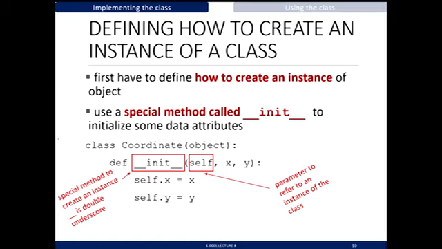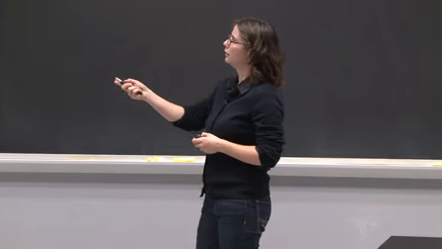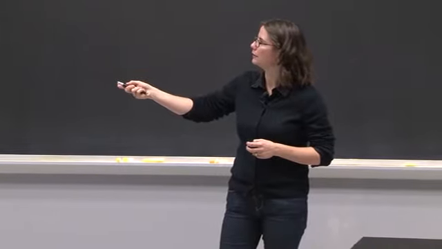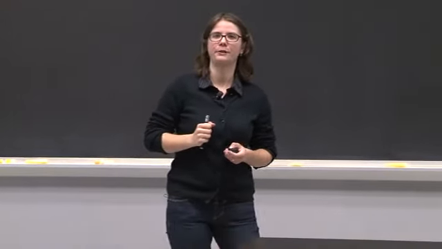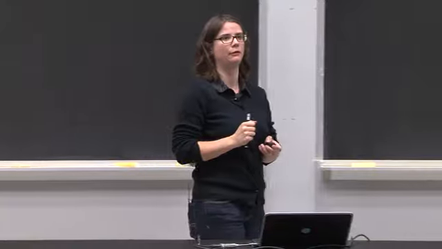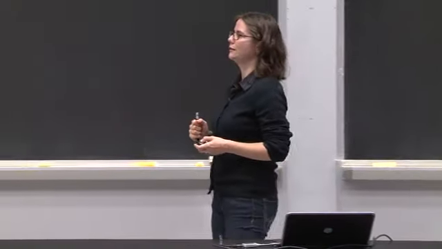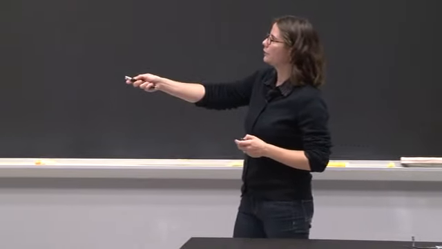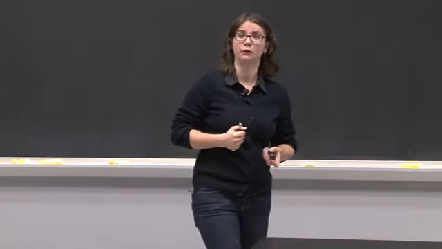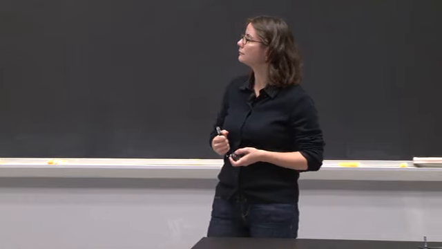Okay. So for methods that belong to the class, the first parameter is always going to be self. It could be named anything you want, but by convention, it's always named self. So try to stick to that. And then any other parameters beyond it are just parameters as you would put in a normal function. Okay?